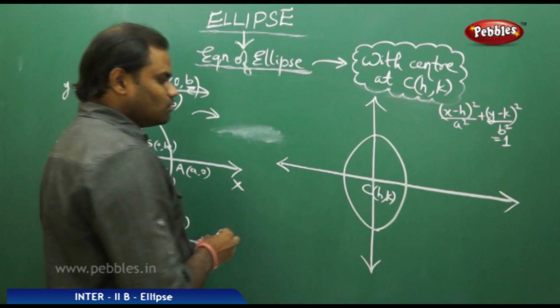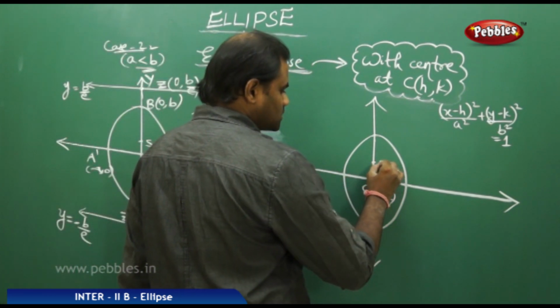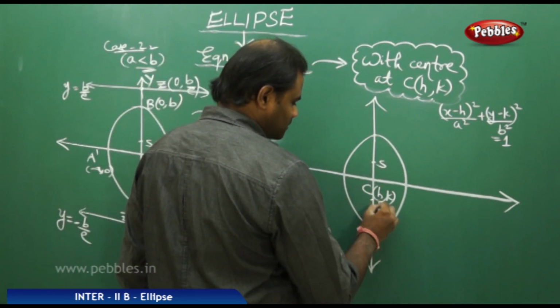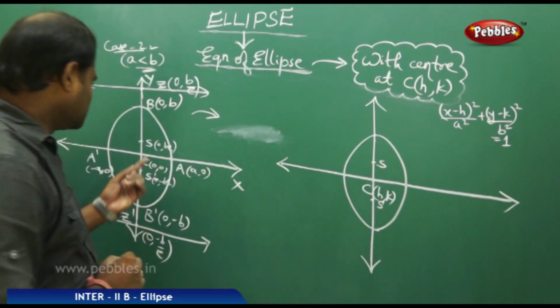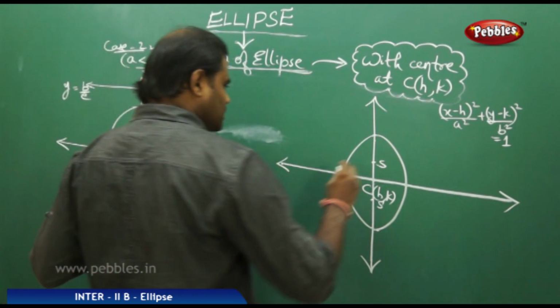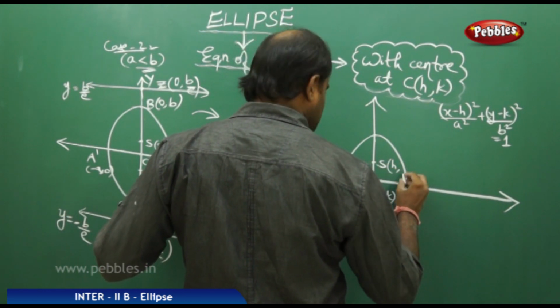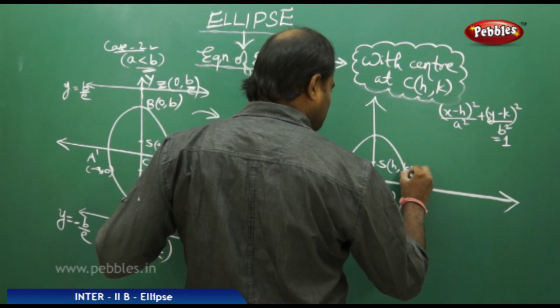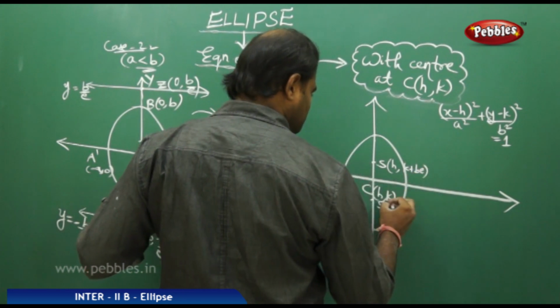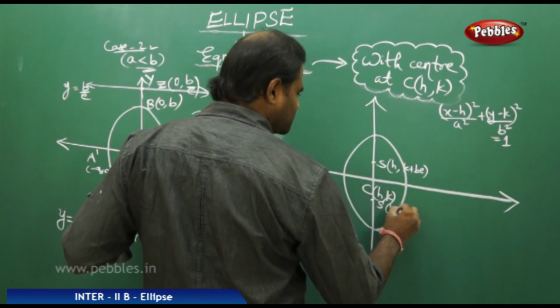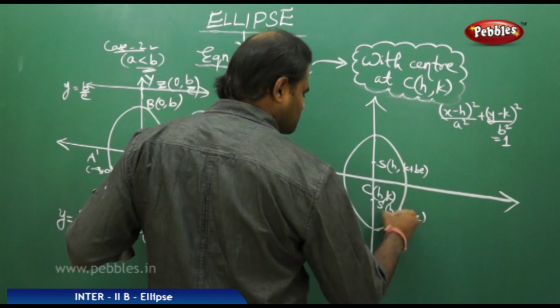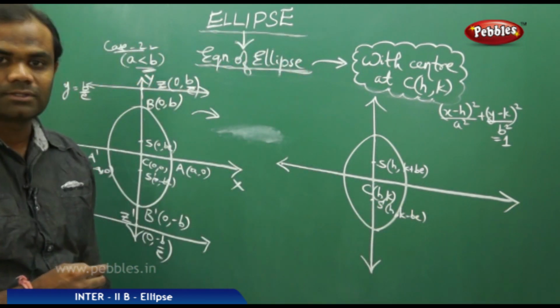So let's see what will be each of the foci, the directrices, and so on. Now as I have this (0, b), my x minus h equal to 0 reduces to this, and y minus k is k plus b, and this would be (h, k minus b), which I get for the foci.